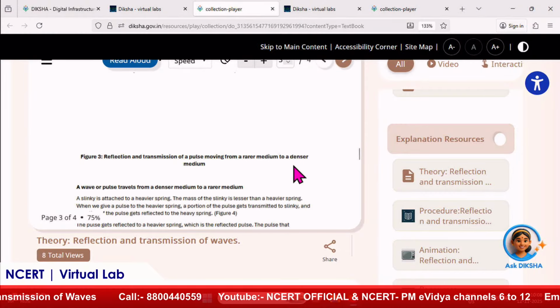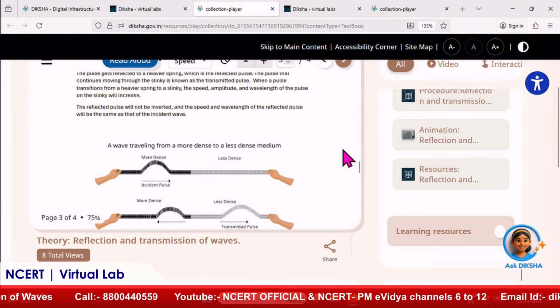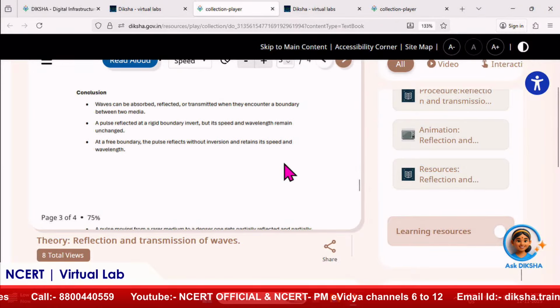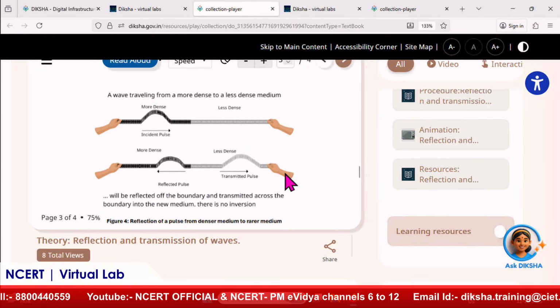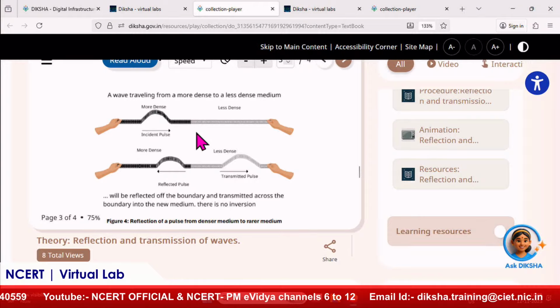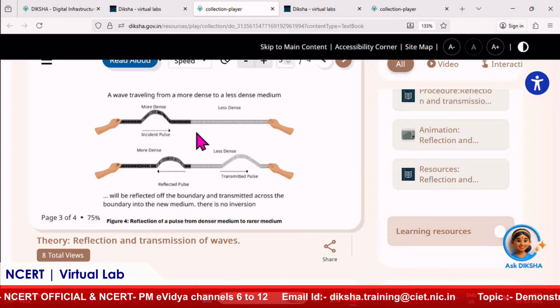So, this experiment we will do over here, and just understand the entire procedure, like what will happen if the wave moves from a more dense part to a less dense part, how the wave travels, how their impedance matters, what will be its frequency, what will be its wavelength, how their amplitude will get changed and on what factors they depend.